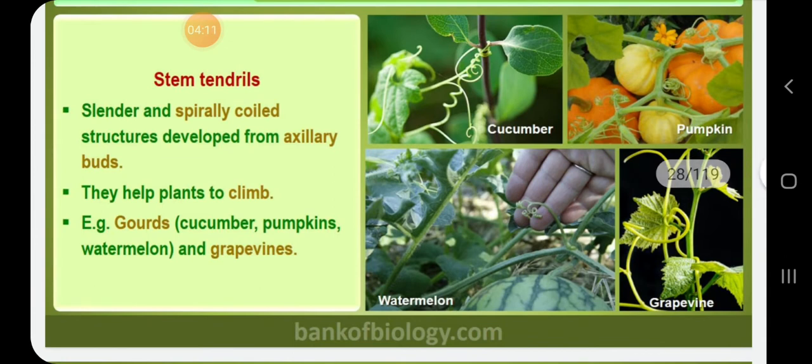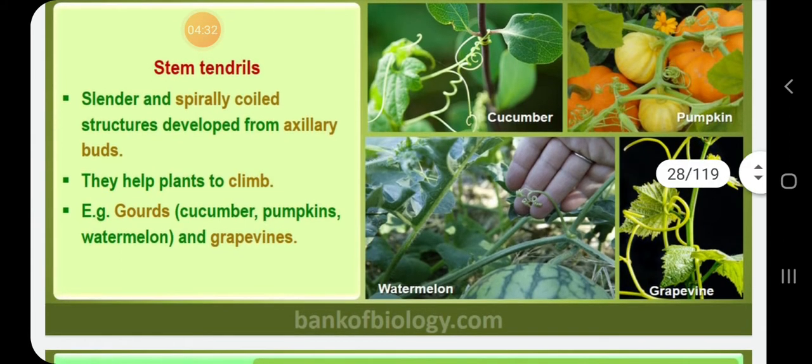Now, stem tendrils. The slender and spirally coiled structures developed from the axillary buds. Here you can see in the cucumber, pumpkin, watermelon, grapevine. In the pea plant, the tendril is actually a modification of leaves.